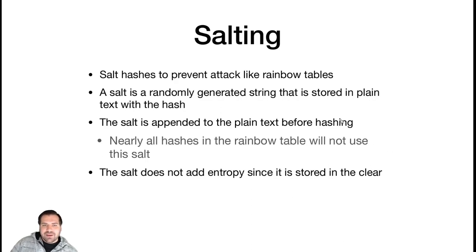If you have 80 bits of entropy in your salt, which is easy to get, which you certainly should have in a salt, that's 1 over 2 to the 80 hashes in that rainbow table that are actually valid, that can actually be a valid guess. So this completely shuts down rainbow tables by adding these salts.